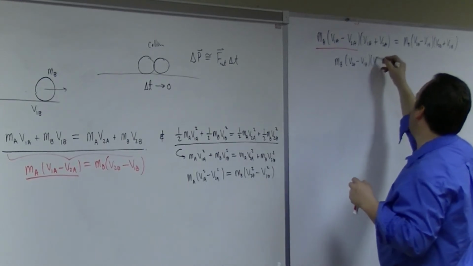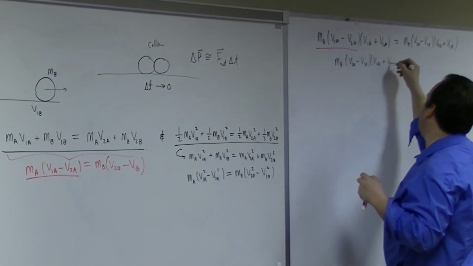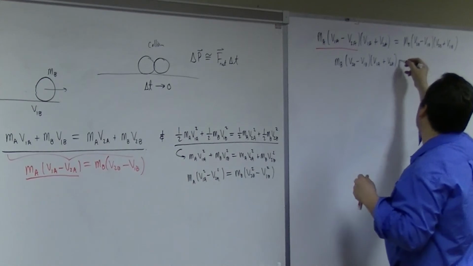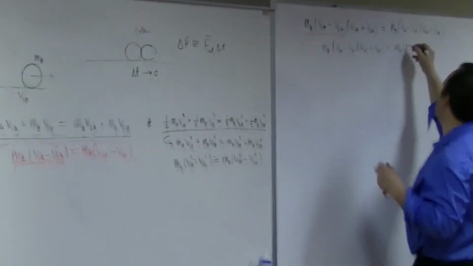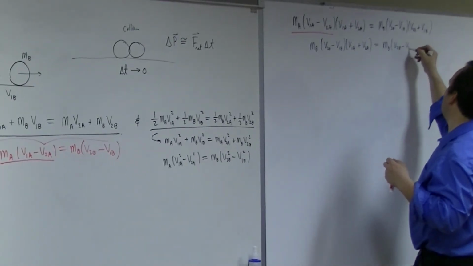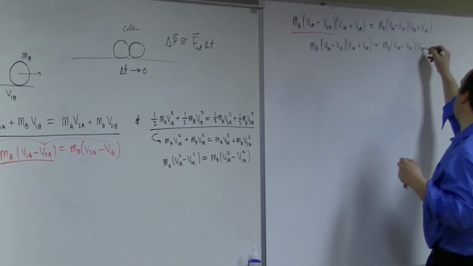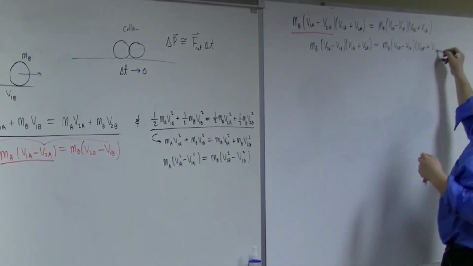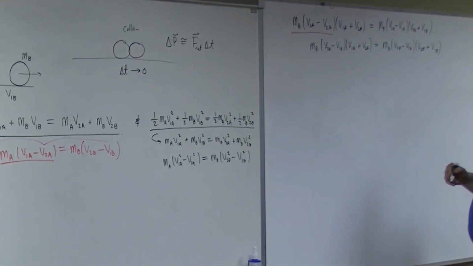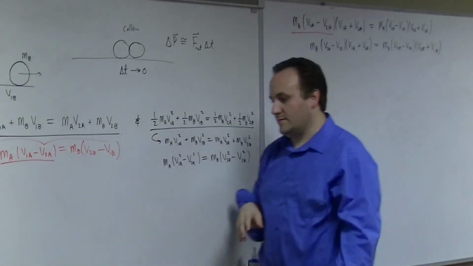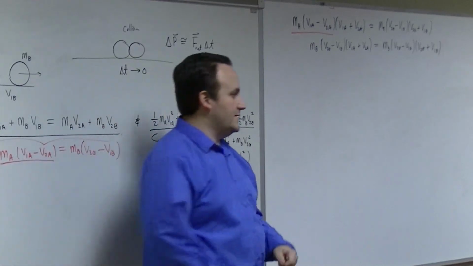Yup. And then V1A plus V2A equals MB, V2B minus V1B, V2B plus V1B. Hey, that's pretty awesome because now the B's cancel. I mean the masses. They cancel.